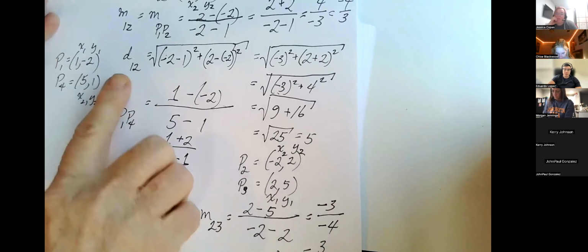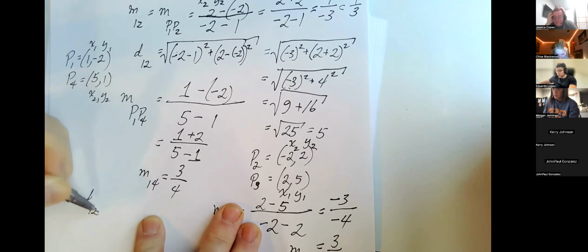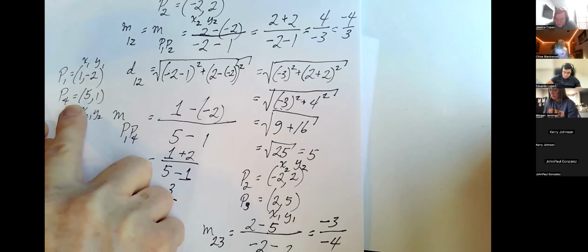Let's see. I've got the 1 and 4 information here. So let's find the distance between 1 and 4. And let's continue to let P4 be the second point.